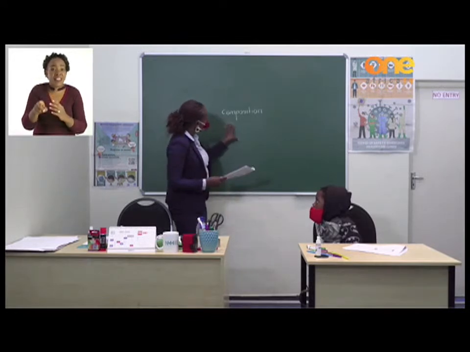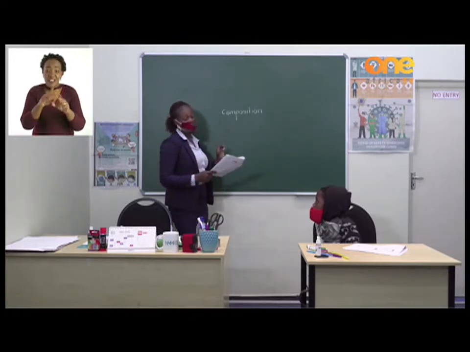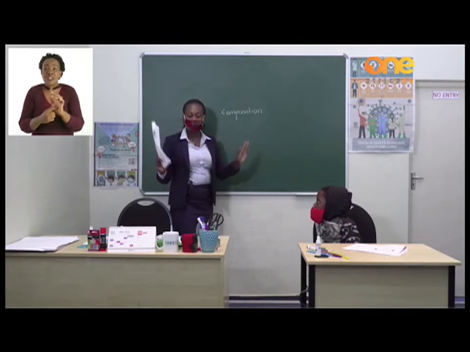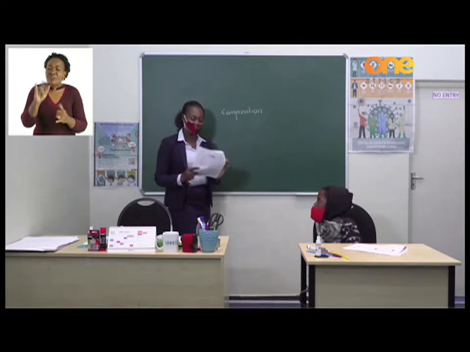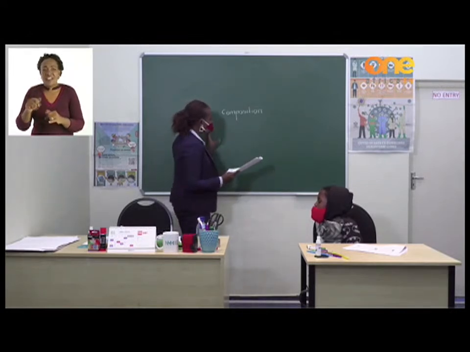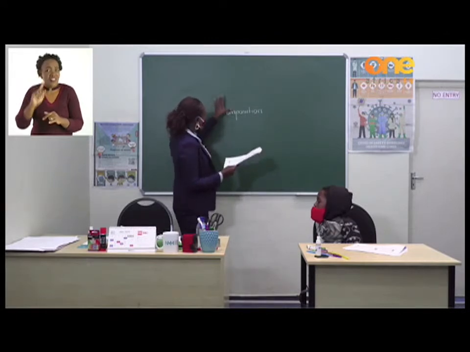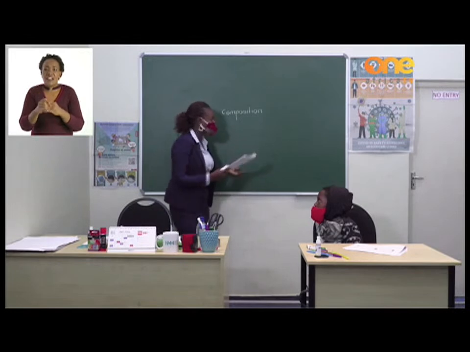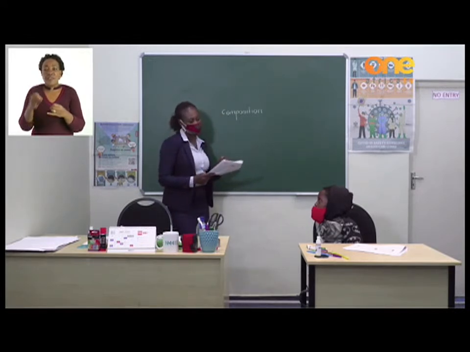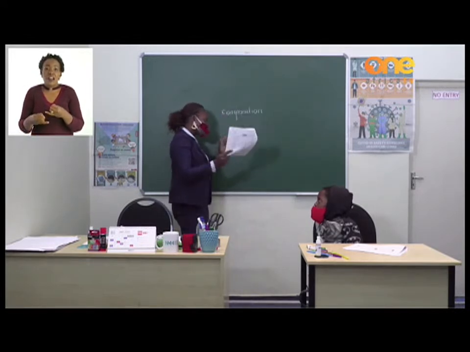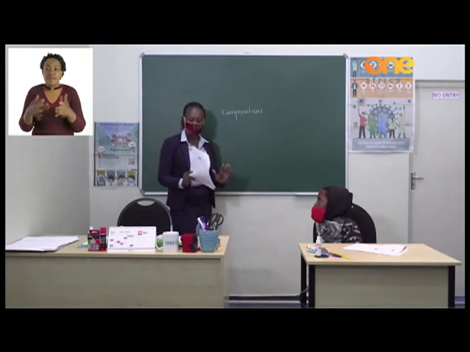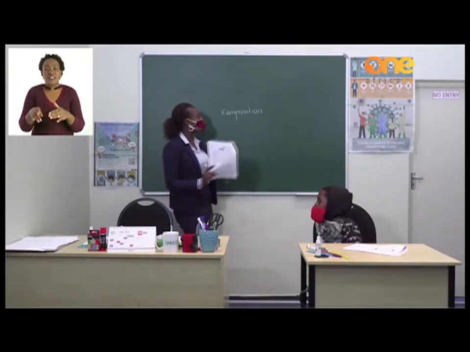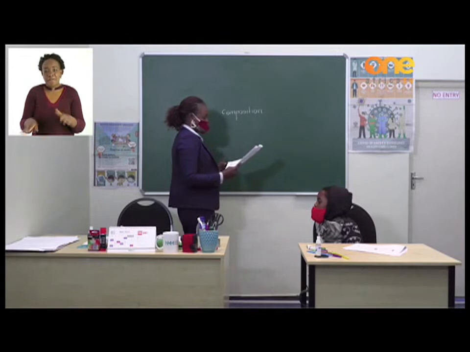Then in the middle of the composition, this is where you are going to write all the other things that you can think of about your topic given. And then we have an ending. You now end your story to tell us that this is the end of my story.